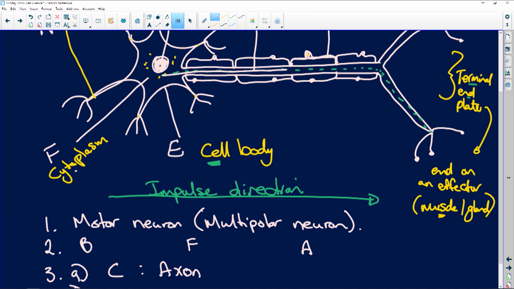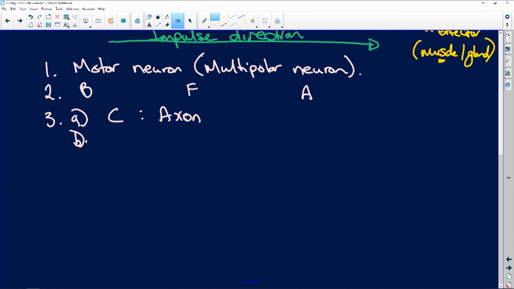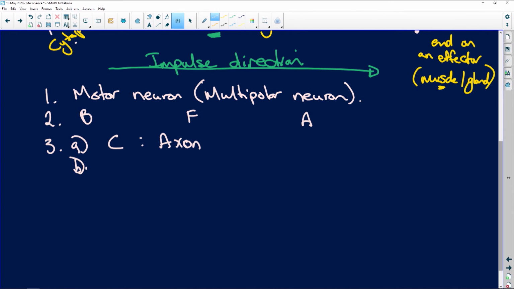Okay, so it's the myelin sheath, which is D. And remember that the myelin sheath, because it insulates, it means that that impulse doesn't get messed around. The impulse can just focus on moving forward, and it is insulated. So it just accelerates the speed at which it moves.